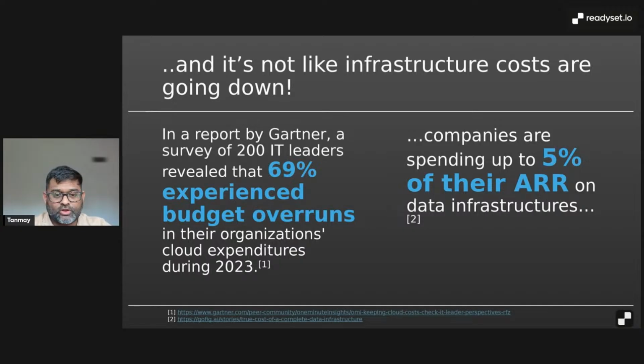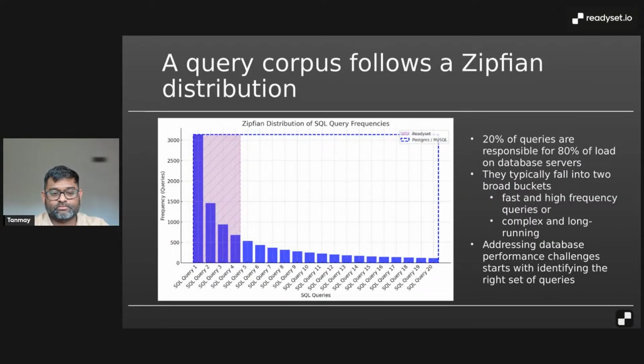Now, that's all doom and gloom, but there is some good news. You don't need to optimize everything. Query workloads typically follow a Zipf distribution, which means 20% of the queries are responsible for about 80% of the workload.